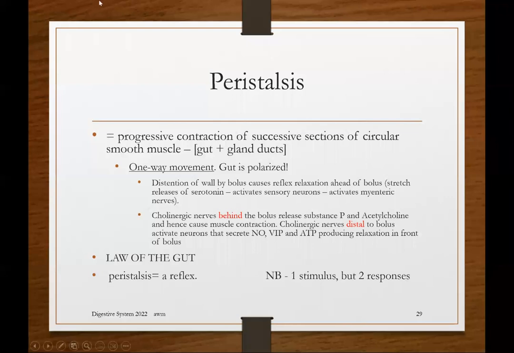And so it's a protective mechanism, usually to empty the gut, maybe because it's been laden with too much caloric food, or you've eaten something that is bad, or there's too much toxin in the luminal content. So you need to evacuate the contents as soon as possible, because usually whatever you ingest into the mouth will end up being digested.